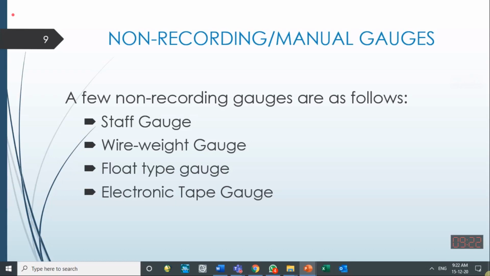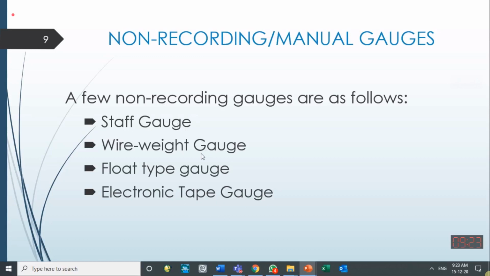Its elevation is known to us. That is linked to the Survey of Pakistan triangulation network. So from there we can bring the level to a station close to our stream gauging station, and then we can install the staff gauge accordingly.